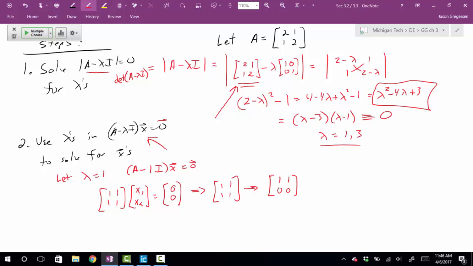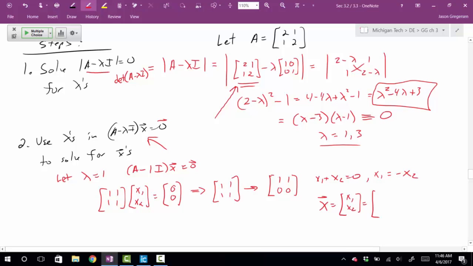Now I can translate this back into the equation it would generate. This says x1 plus x2 equals 0. It gives me the relationship between x1 and x2. If I want, I could solve that explicitly for one of them. Then I'm trying to form my vector here, which is just the values of x1 and x2.